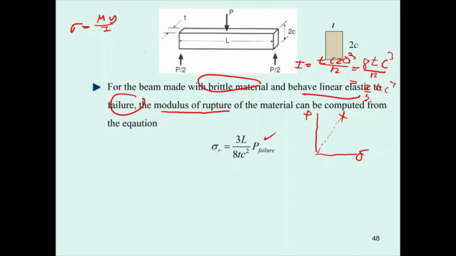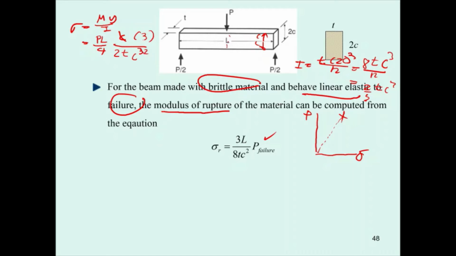Okay, and the moment due to the three-point loading, we know, is PL over 4. Then the y, measured up or down, is equal to c. Then you divide it by 2/3 t c cubed, which means multiplying by 3 over 2.